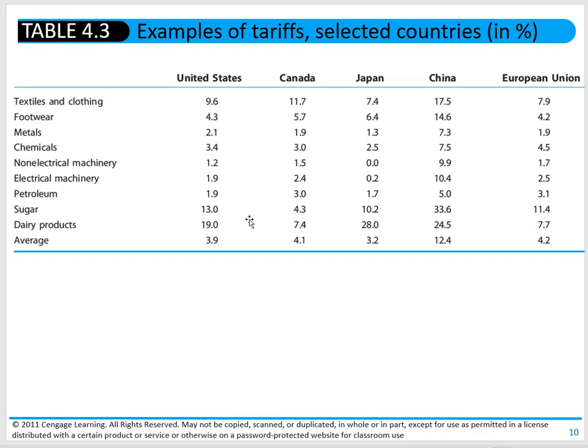So every country portrayed here charges a different tariff, and the least developed of all these five countries charges the highest tariffs. Note that in all the goods described here, China charges higher tariffs than the rest of the countries.